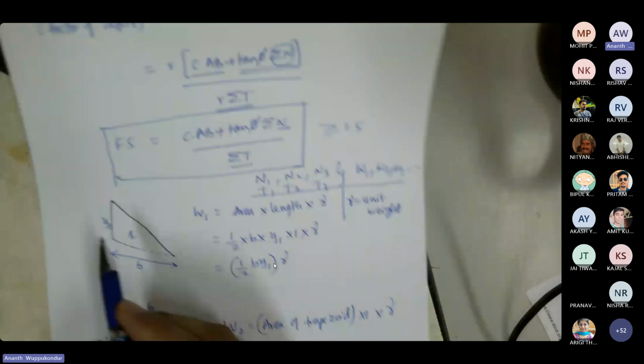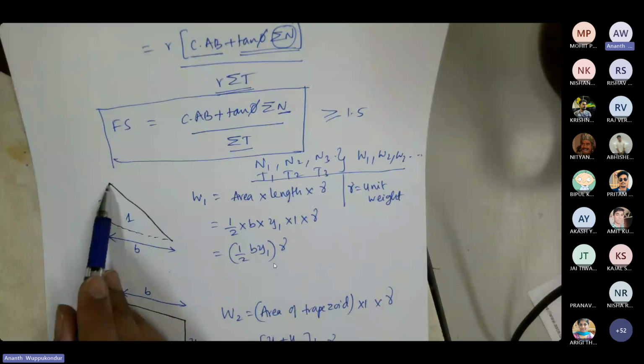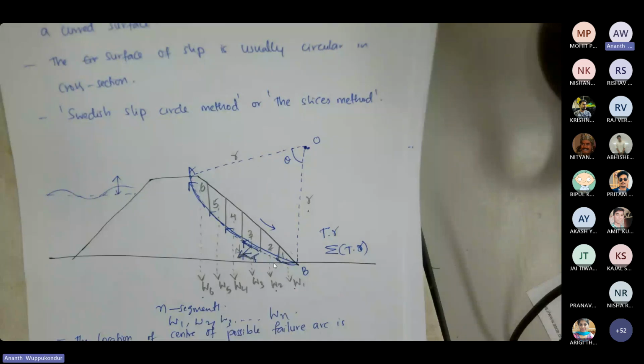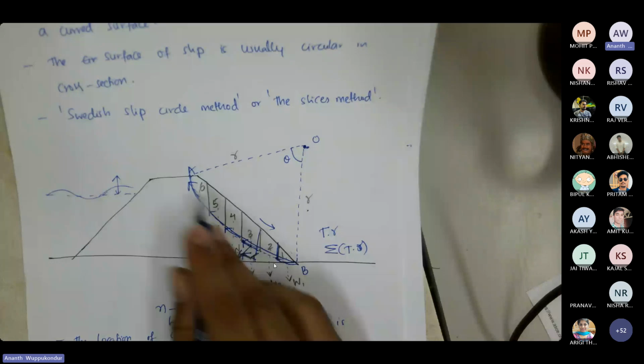So this is the first segment that we have, segment 1. So if you look at this figure again, I'm talking about this segment in the bottom, at the toe of the downstream. This is segment 1, segment 2, and we have until segment 6.